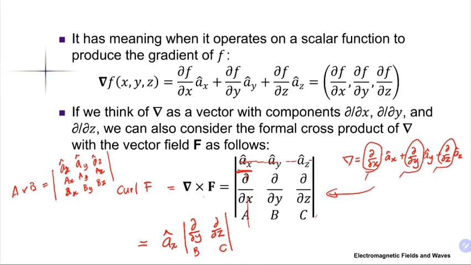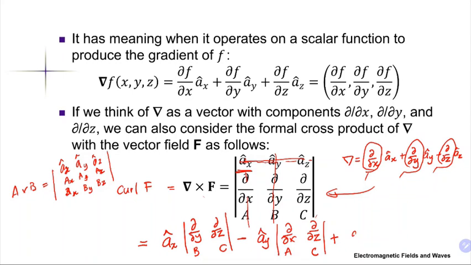The signs go plus, minus, plus, as when working out a 3 by 3 determinant. The next term is minus A-hat y, crossing out its column, using the determinant of del over del x, del over del z, A, C.